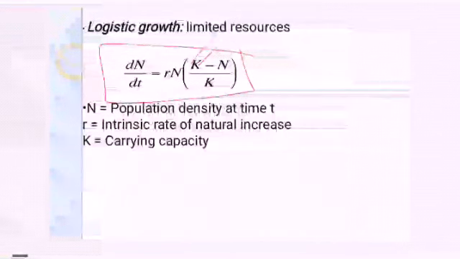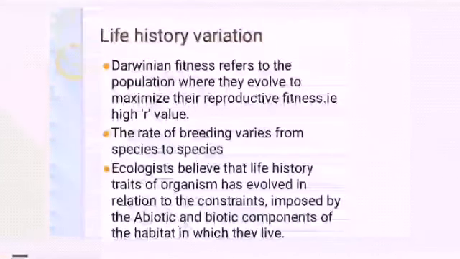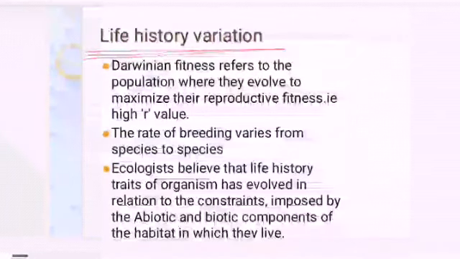The next topic we are going to discuss is population interactions. Before that, there is a short introduction regarding life history variation. It's not that important, but you need to know. Life history variation is how life varies, how the organisms are changing themselves.